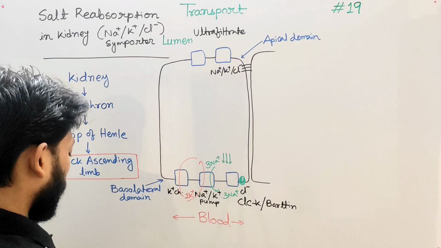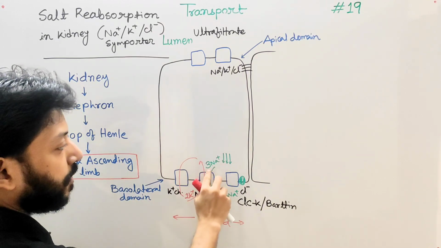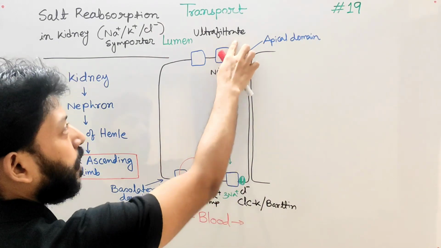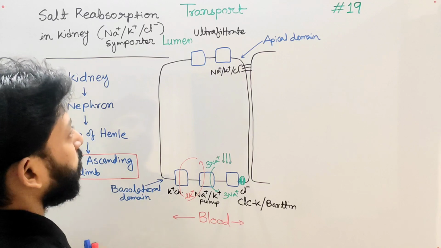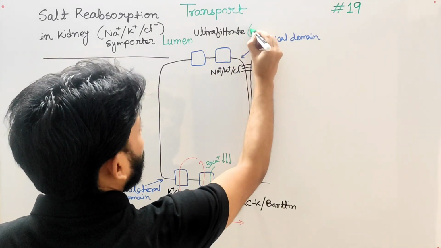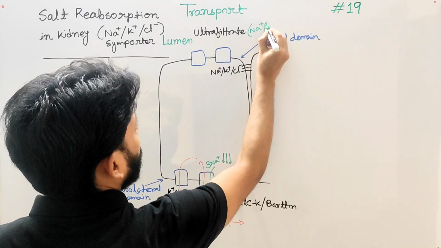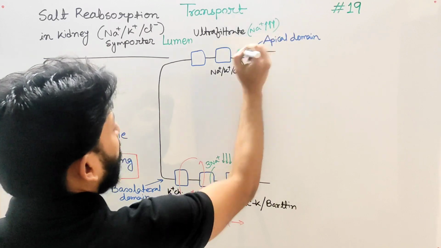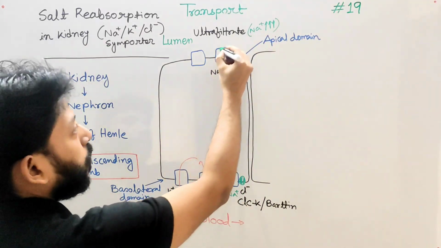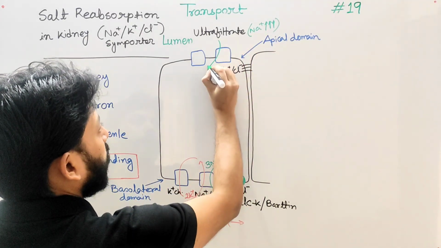So what happens, because inside the sodium concentration is low, in the ultrafiltrate the sodium concentration is high. Remember this, in the ultrafiltrate the sodium concentration is high. So by this Symporter, sodium comes inside of the cells.